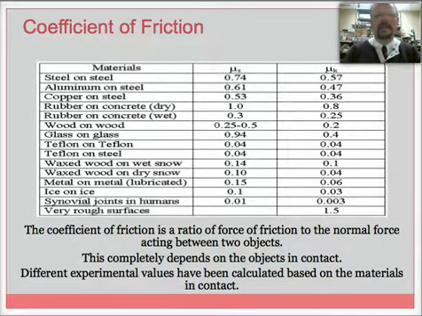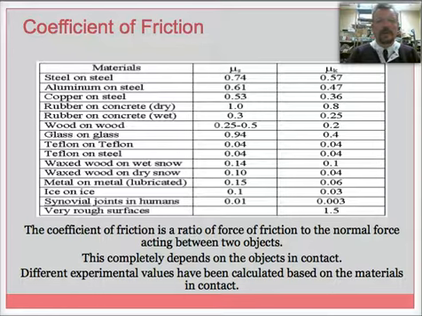You can see steel on steel, the coefficient of static friction is 0.74, and the kinetic friction is 0.57. It completely depends on the objects in contact. Different experimental values have been calculated based on materials in contact.